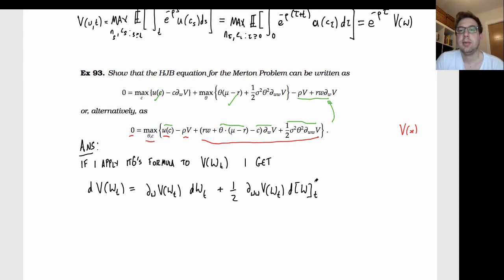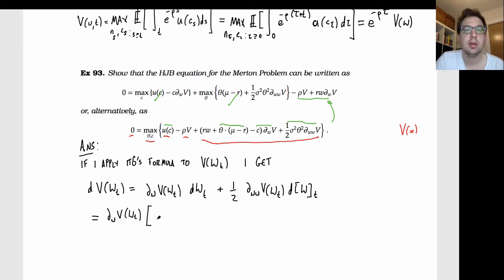Right, so I need to work out what each of these individual terms are. For the first of these I can use my answer from above. I've already written out what dW is, so let's just write that out again.